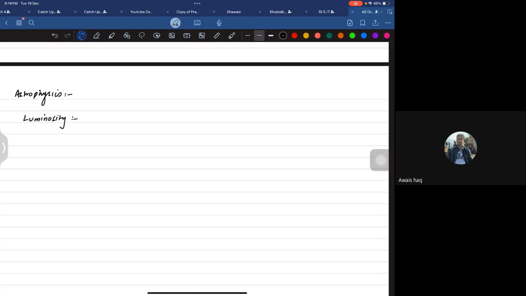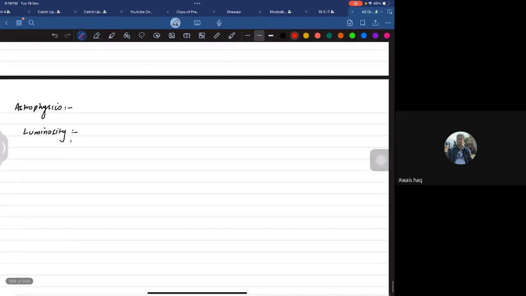So luminosity is defined as the total power output of radiation emitted by a star.